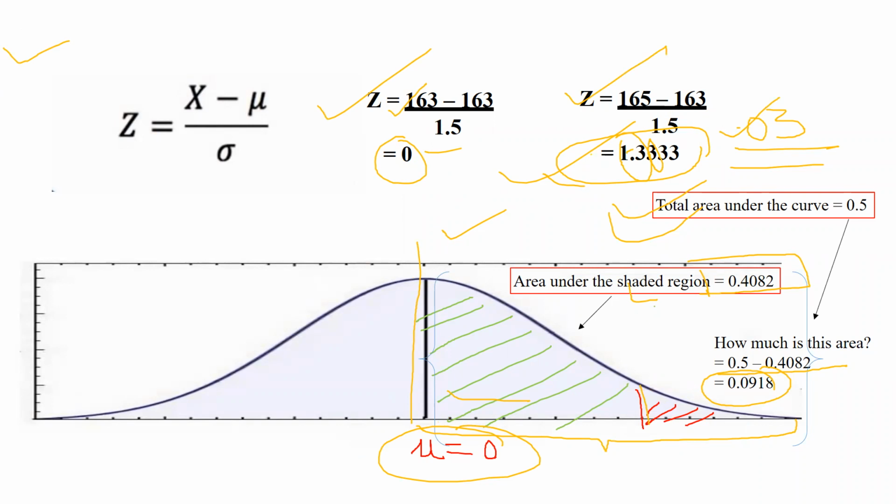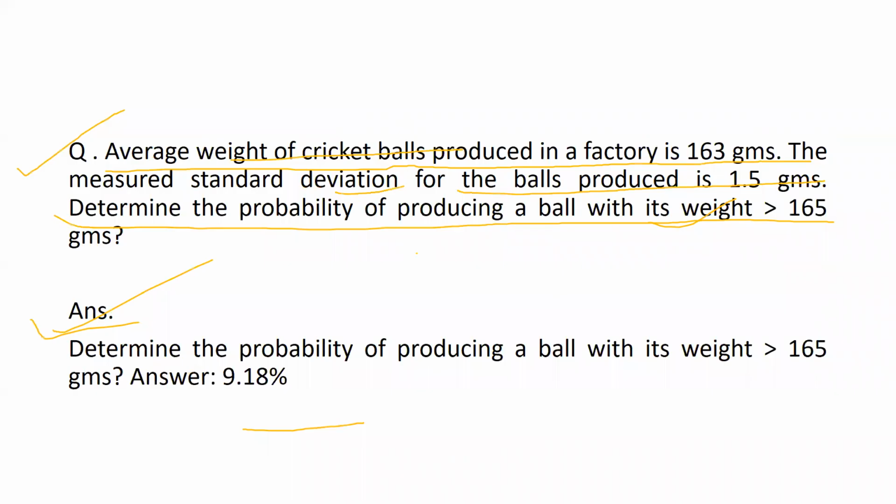Finally this is our calculated value, and the table value is 0.4082. The total area is 0.5, and finally we got the solution 0.0918, so we can say 9.18% is the probability of producing a ball with its weight greater than 165 grams. That is our final answer.